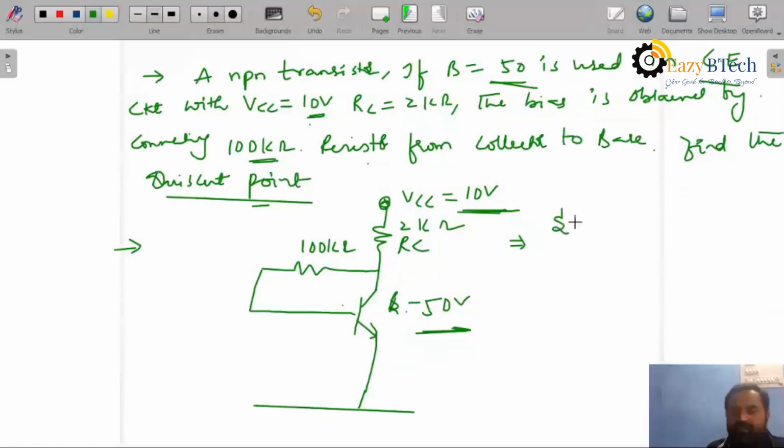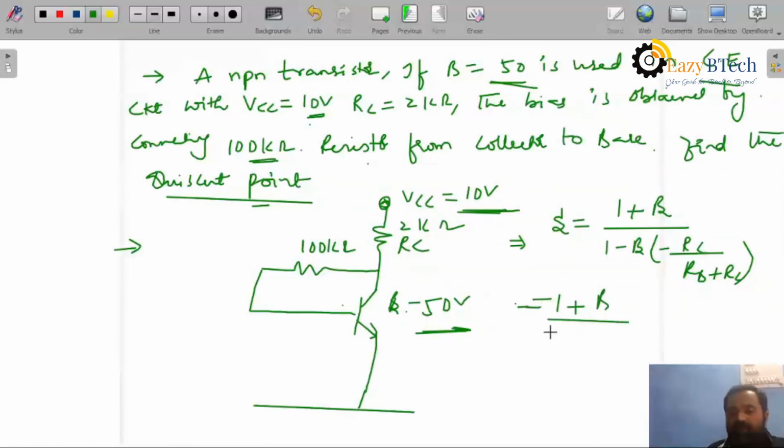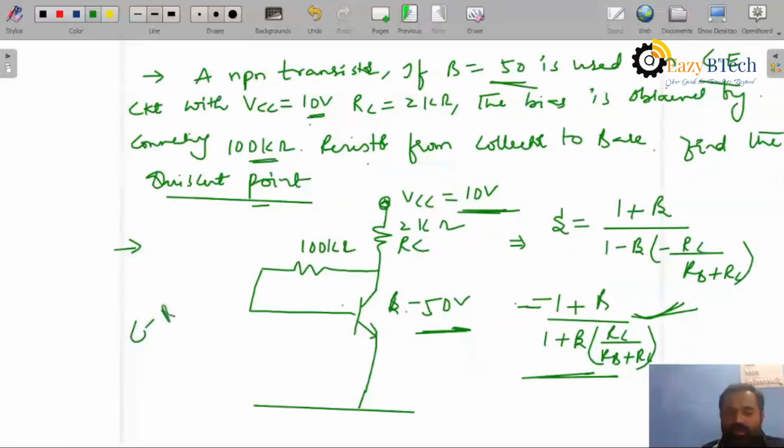What is the formula for the stability factor? 1 plus beta by 1 plus beta, RC by RB plus RC. This is the stability factor for this collector to base feedback network.